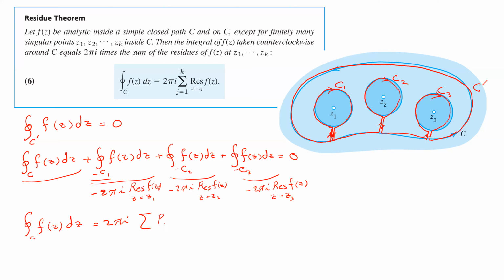That is, the sum of the residue of f(z) at z equal to zj, j goes from 1 to 3. And in general, if there are k of them, we do the same thing, j goes from 1 to k, right? And because these are isolated singularities, for each one we can create a neighborhood that doesn't include any other one, and this process works.